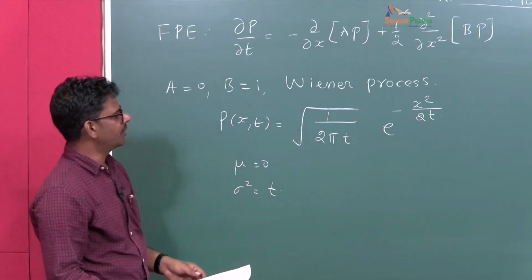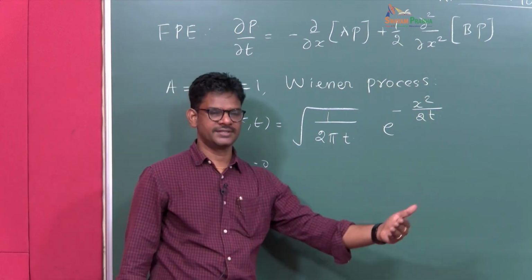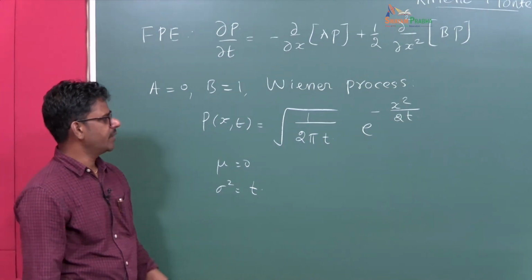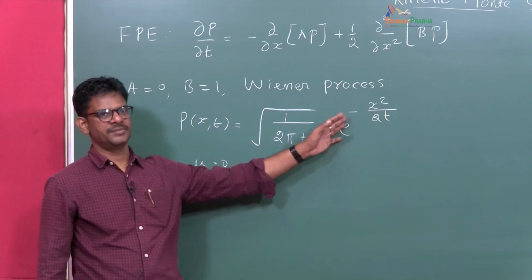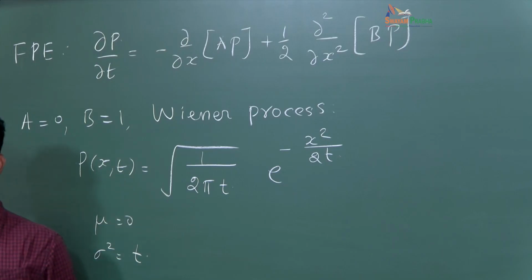Now we can also think about creating the trajectory, the sample path itself, by simulating this process. What I mean by sample path here is, this problem describes a free Brownian particle, and its position follows this kind of distribution.